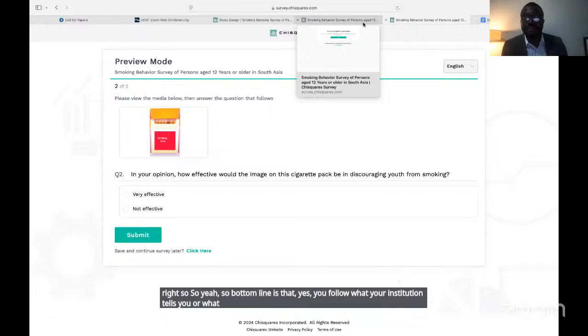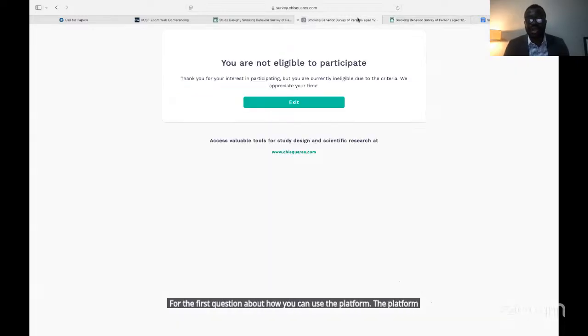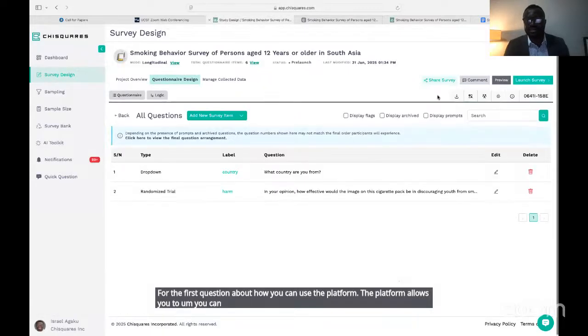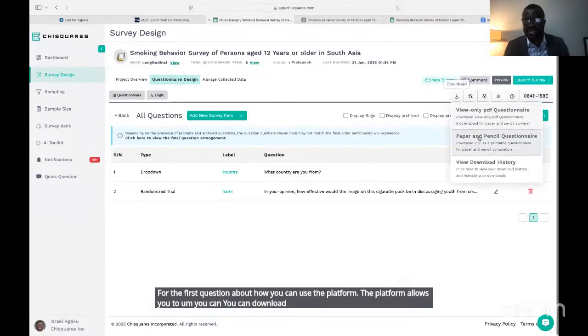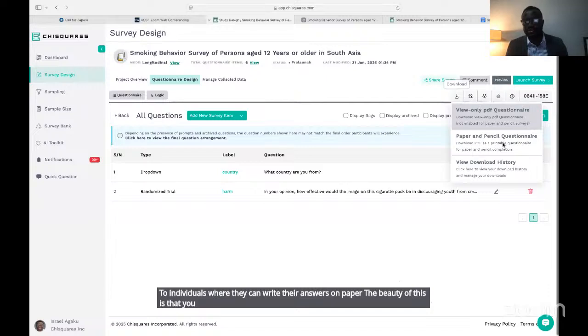For the first question, about how you can use the platform, you can download questionnaires as paper and pencil questionnaires and administer them to individuals, where they can write their answers on paper. The beauty of this is that you don't have to do manual data entry later. You can just scan and upload.